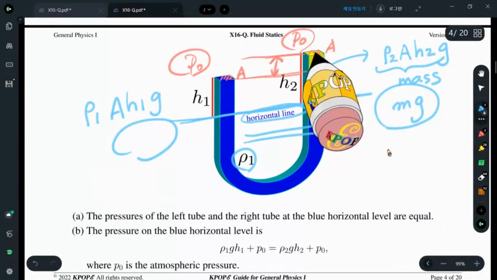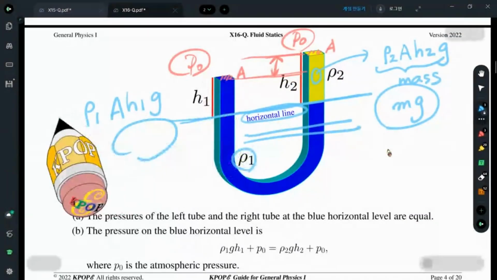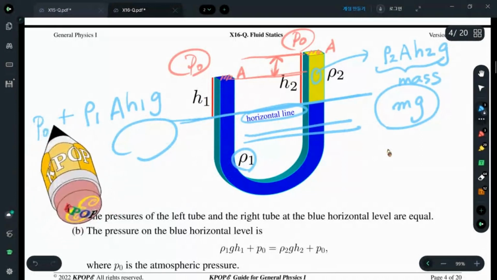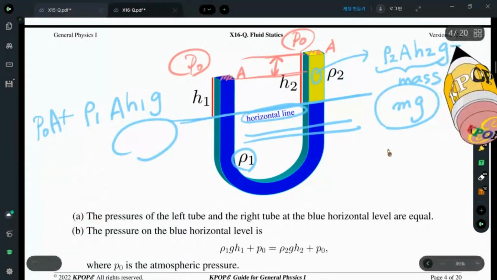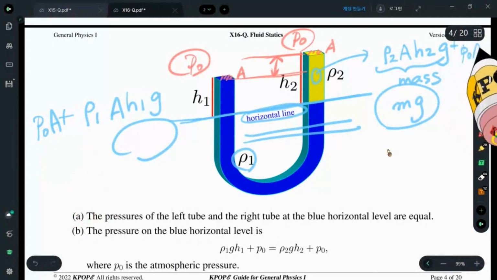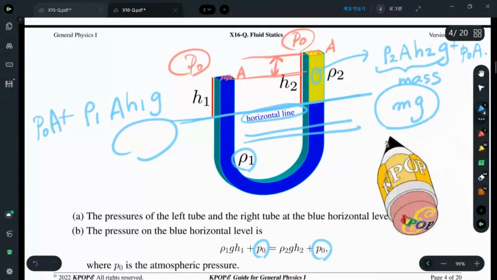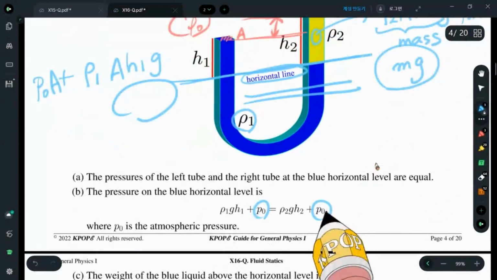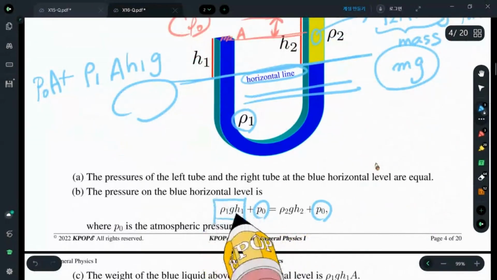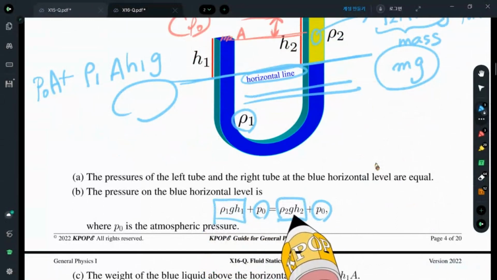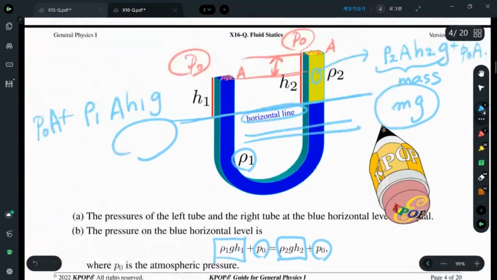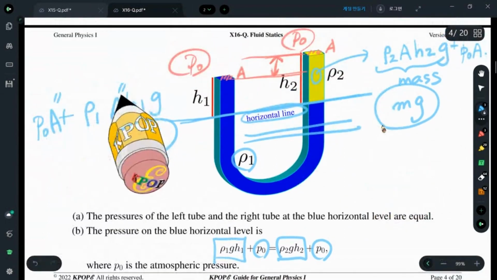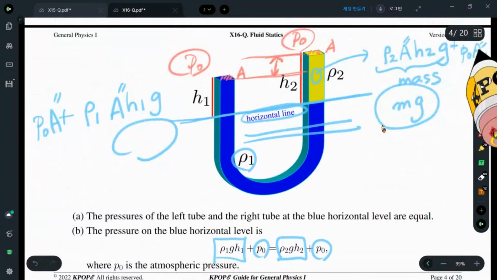In addition, there is an external force, that is a pressure multiplied by the cross-sectional area. They are the same. So we have the same amount of pressure due to the atmospheric pressure, and the additional pressure is given here. And the common cross-sectional area has been cancelled already.